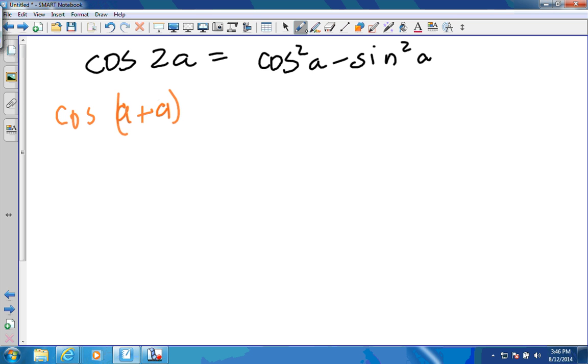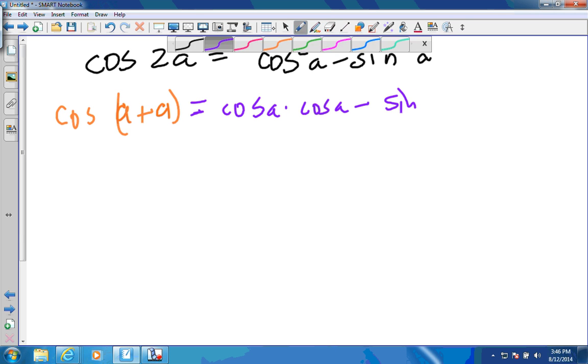And then by your addition property identity, cosine of a plus a would be the same as cosine a times cosine of a, minus sine of a and sine of a.